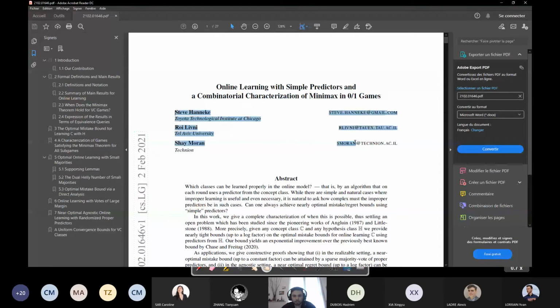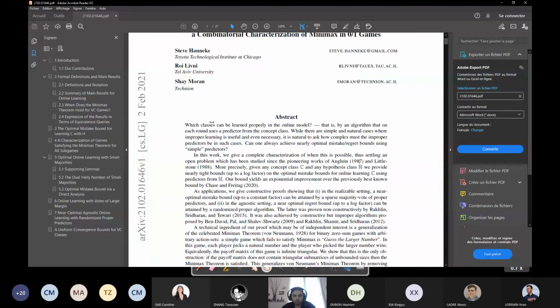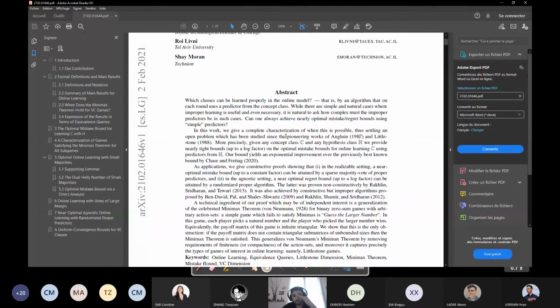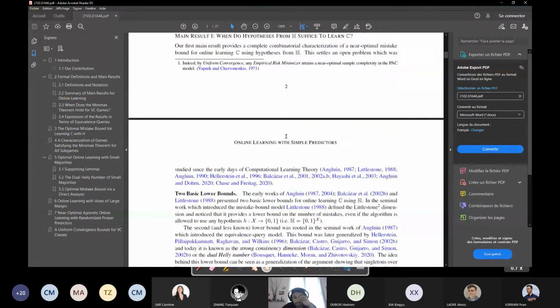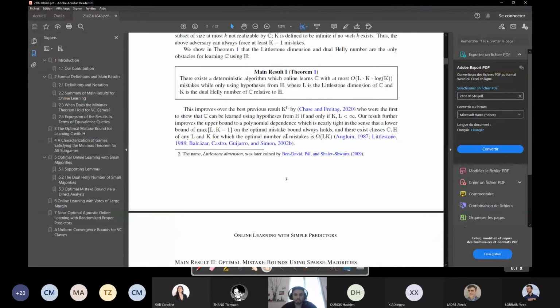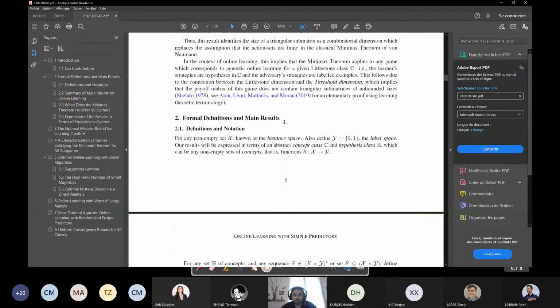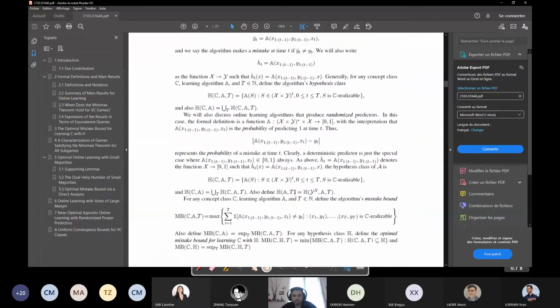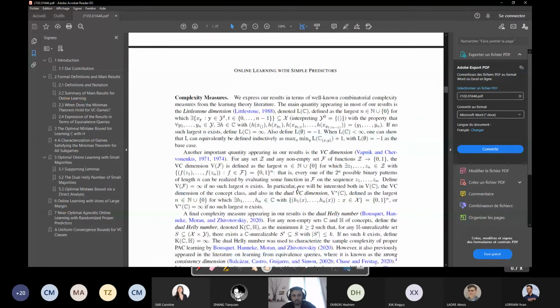You have the authors of the paper, the way to cite this paper, the date, and the abstract. You have an introduction in general, and then you have computations, main result. This is a mathematical paper. You have proofs, you have computations. This is what a machine learning paper looks like.